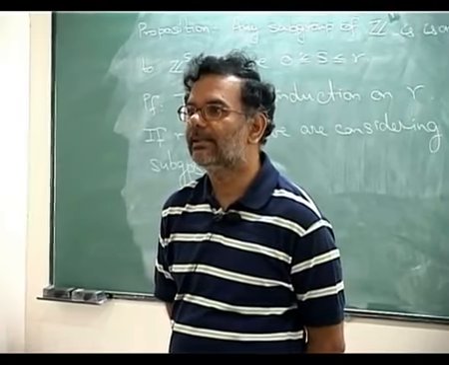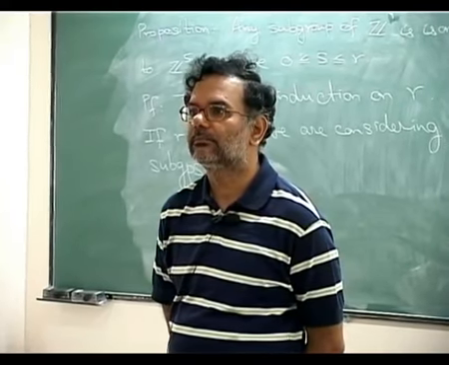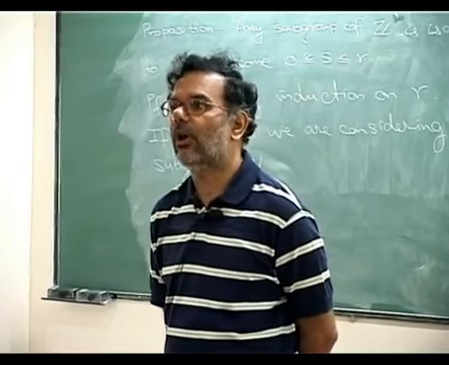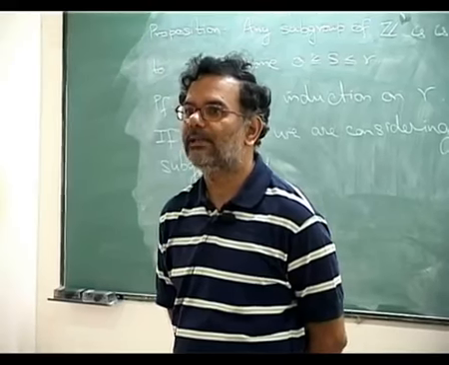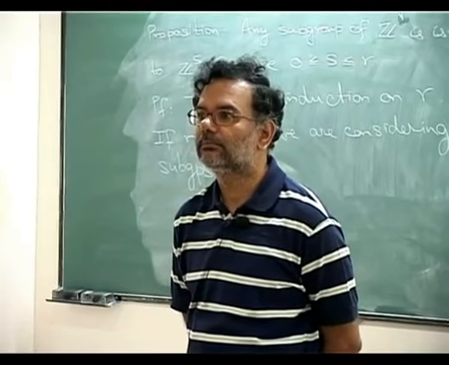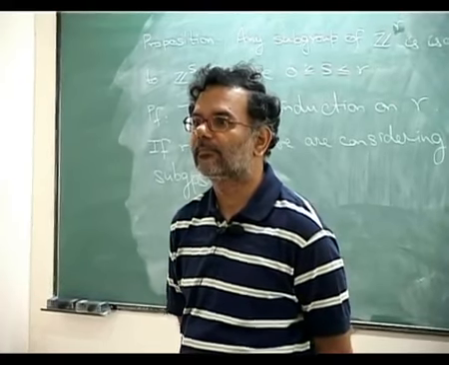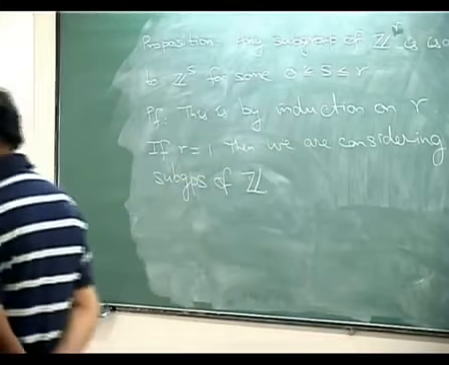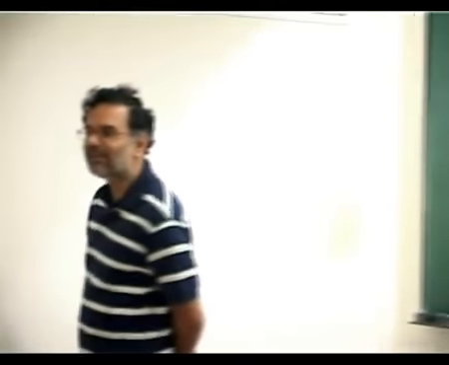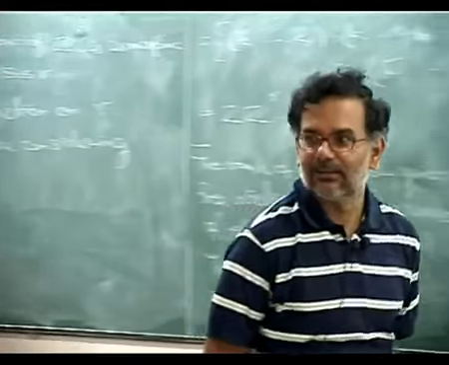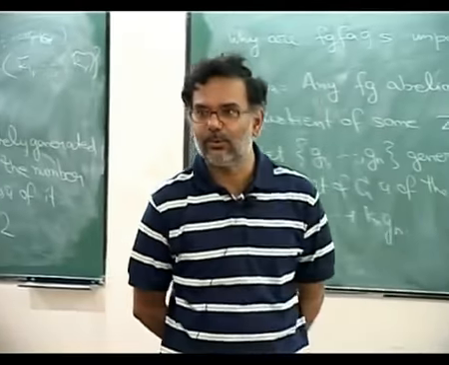How do you know there is nothing else? nZs are certainly subgroups, I agree. How do you know that is all? Why is there no other subgroup? This is a question that one has to think about, right? Why is that? nZs are obvious subgroups of Z. It's easy to check that they are all subgroups, but why are they the only subgroups? Why is it that nothing else is a subgroup of Z?